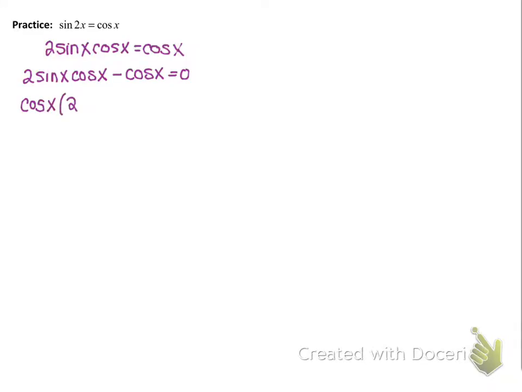So again, I have a double angle with a sine. So I have 2 sine x cosine x equal to cosine x. So I'm going to subtract cosine x so I can set it equal to 0. So my GCF in this case is cosine x, and I'm left with 2 sine x minus 1.